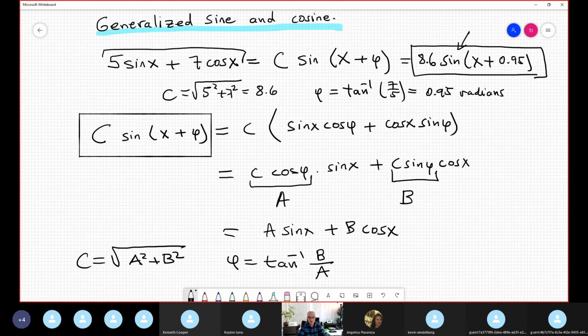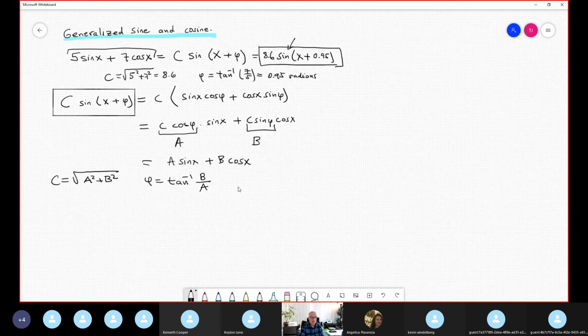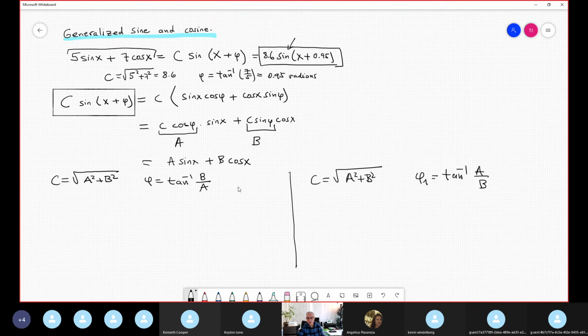And using cosine is very similar, except it's doing the same problem, but using generalized cosine. The formula is c equal to the square root of a squared plus b squared. Phi 1 is a different angle: phi 1 is tangent inverse of a over b. It's a reciprocal, or cotangent inverse. It's the same.